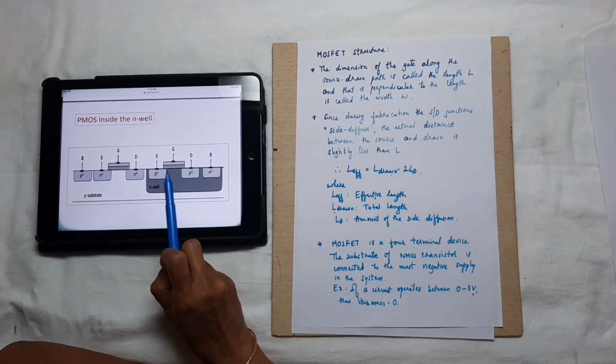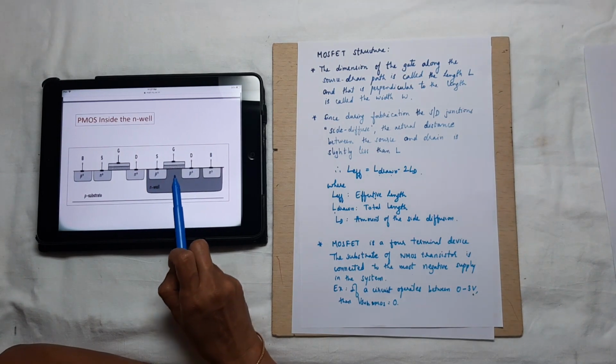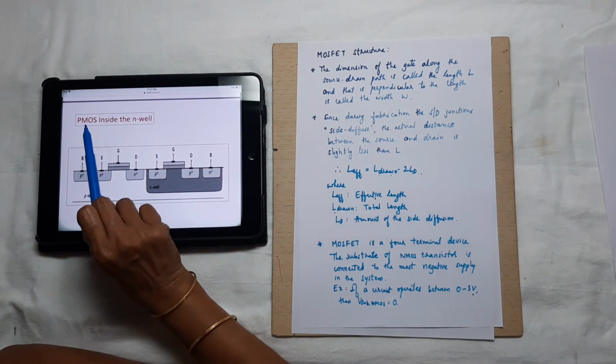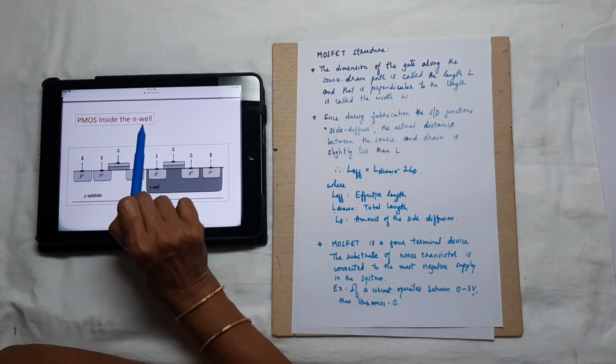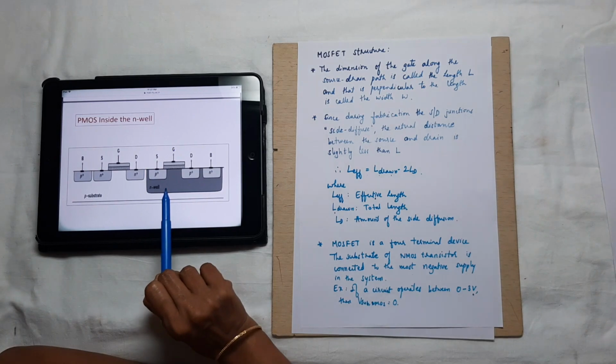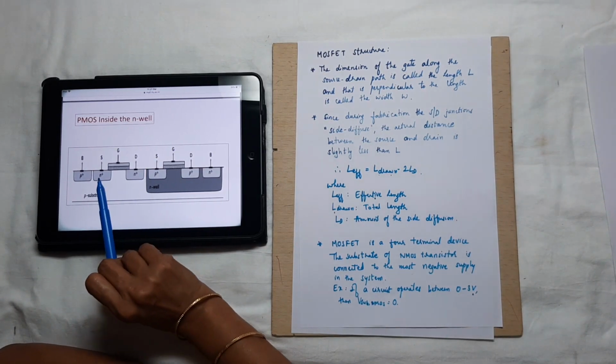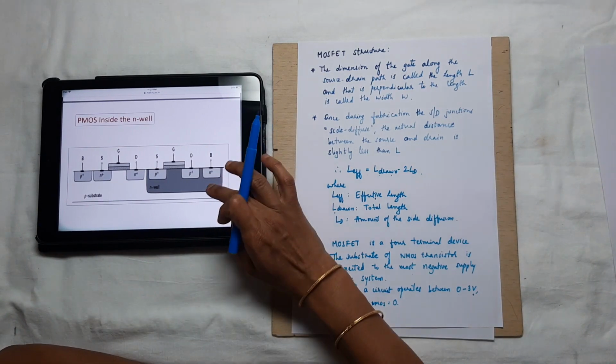These two P plus regions represent the source and drain of the P transistor, and this is the bulk of the P transistor. Therefore, this is called PMOS inside the N well.